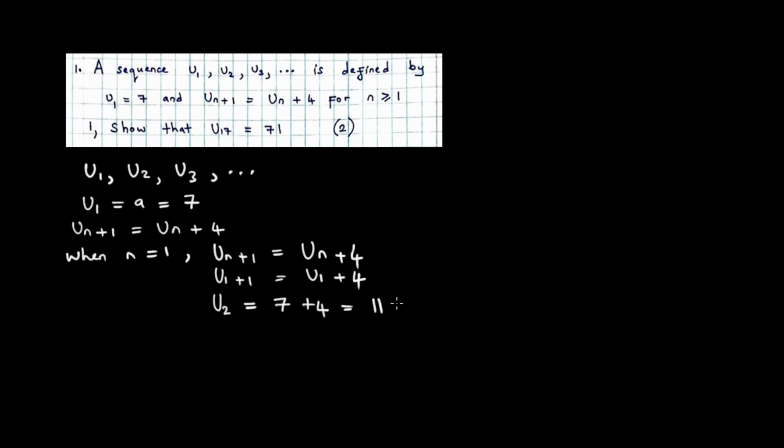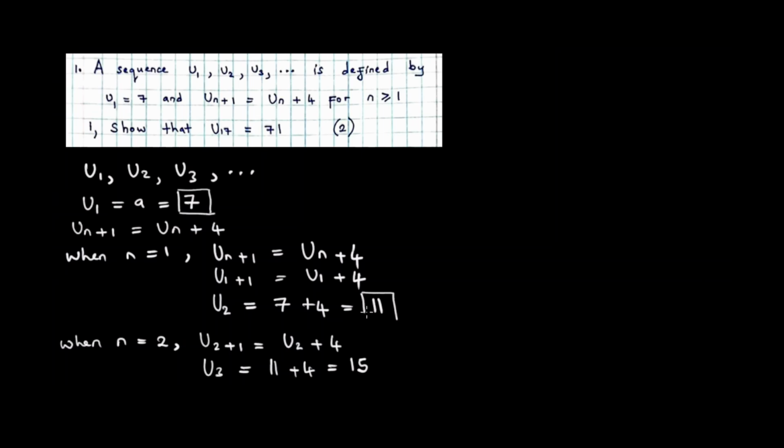Then when n is equal to 2, we substitute n with 2, so u2 plus 1 is equal to u2 plus 4. So u3 is equal to u2, which is 11, plus 4, which is equal to 15. So this is our first term 7, our second term 11, and our third term 15.